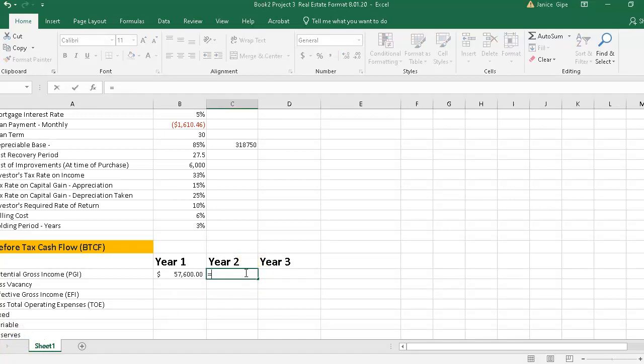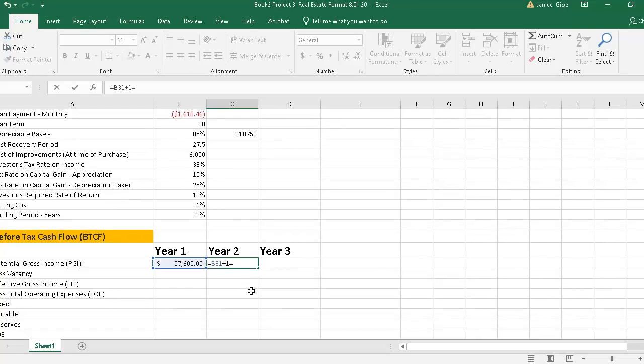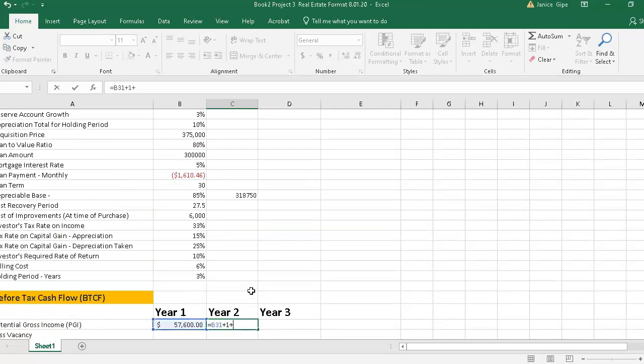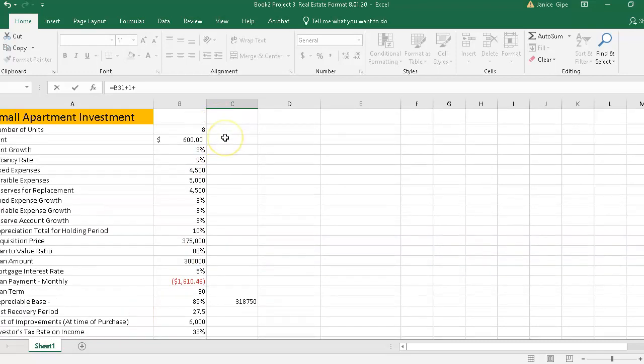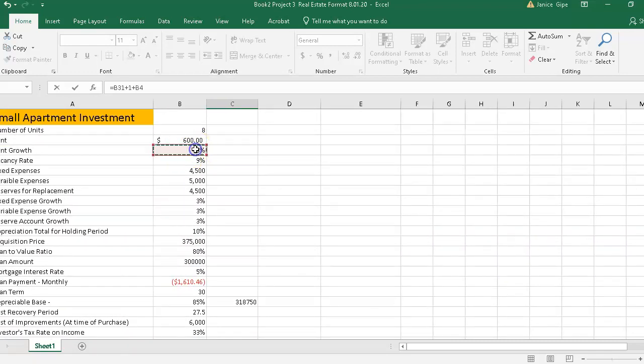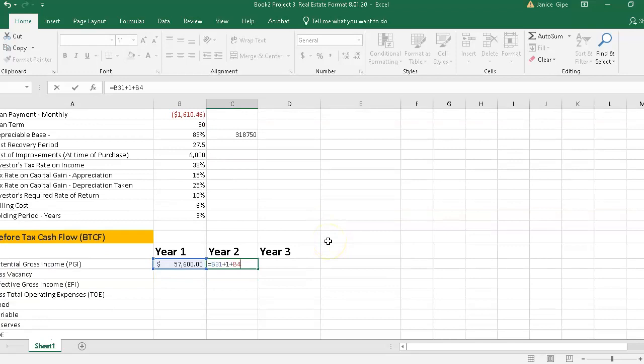To get the 3% growth, you have to use the year one potential gross income plus the 3% growth rate.